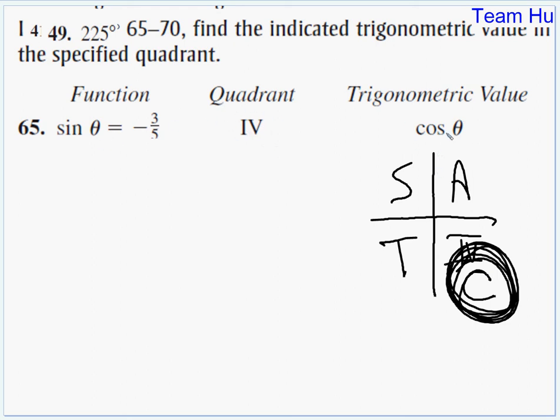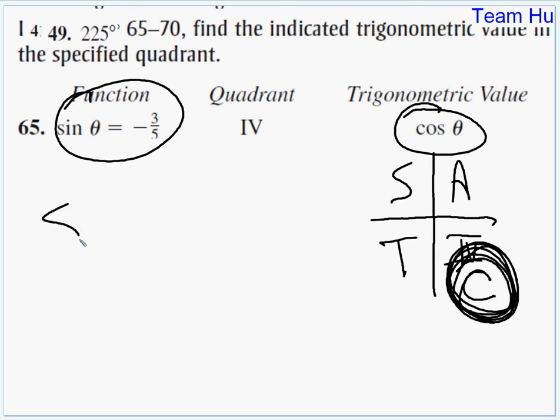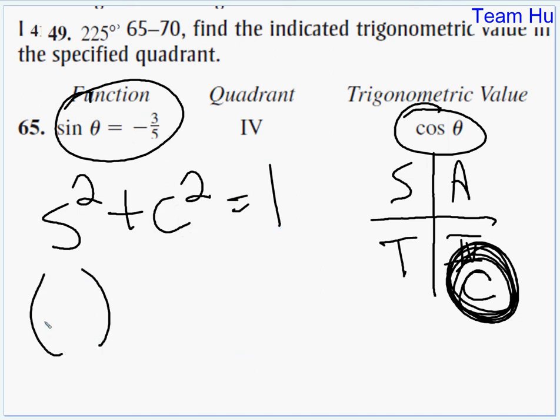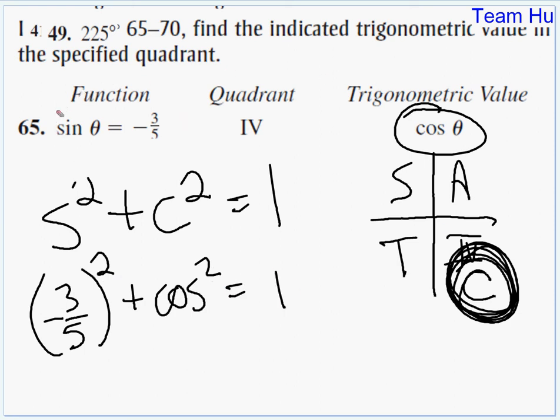If we're in quadrant 4, cos must be positive. Because we're looking for cos and they gave us sine, let's do Pythagorean. Sine squared plus cos squared equals 1. If I put my sine in here, that's negative 3/5, and we're going to square it, plus cos squared equals 1.